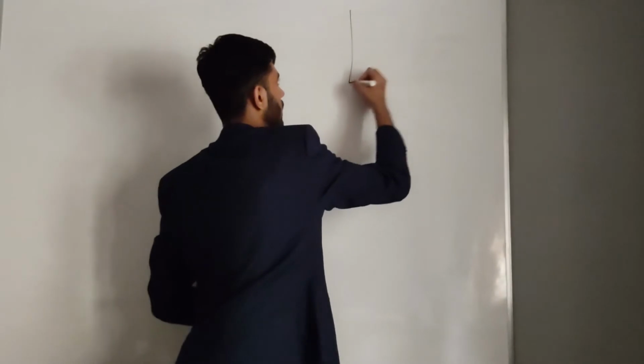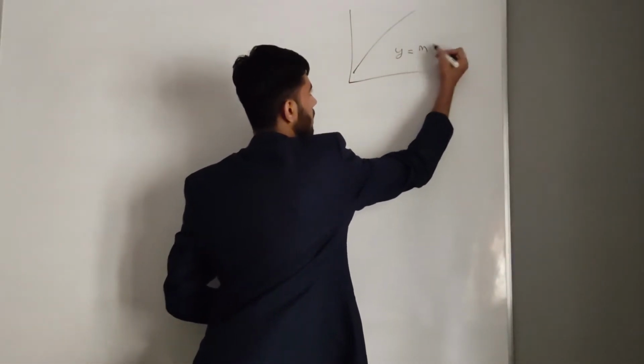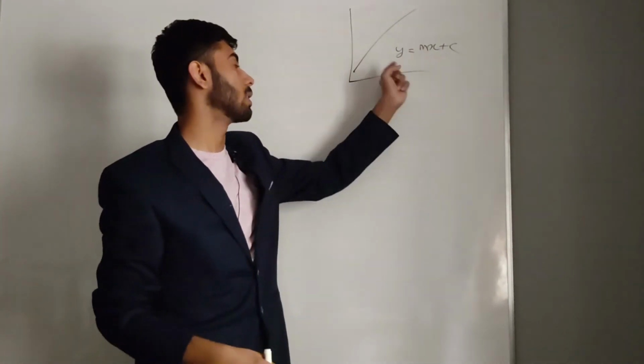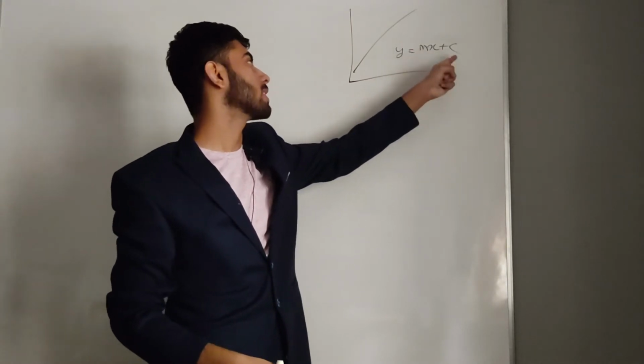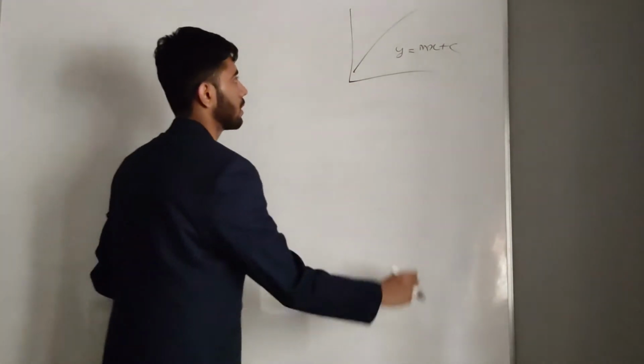Now we all know that the equation of a linear regression line is y is equal to mx plus c, where y is my dependent term, x is my independent term, m is the slope, and c is the intercept or the constant that we are adding to the equation.